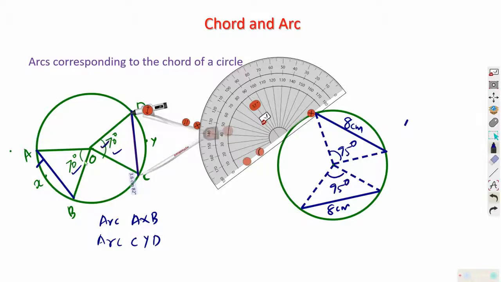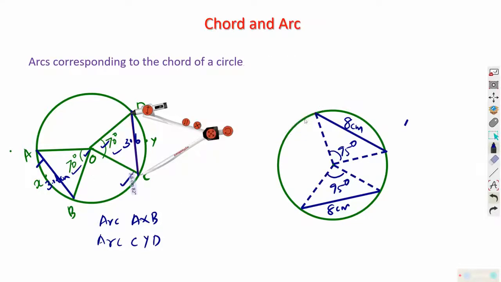Earlier we made 70 degrees here and 70 degrees here, and we got the length of this particular arc as 3.6 centimeter and 3.6 centimeter. See, there is the measurement. So from this we conclude that congruent angles make congruent arcs, and congruent chords, in the case of the chord, arc and circle relationship.